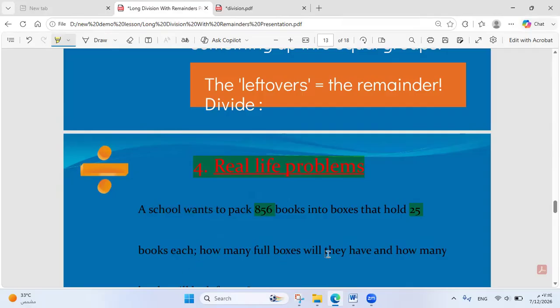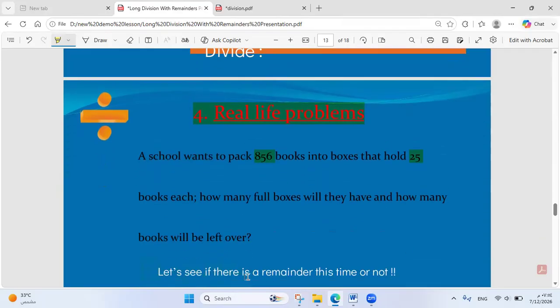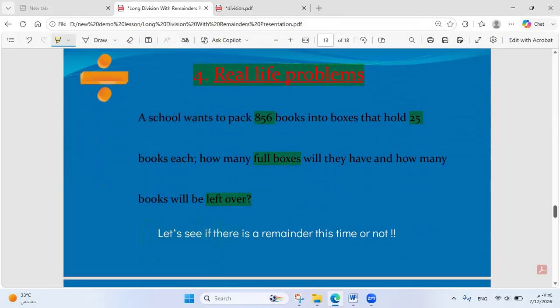How many full boxes will they have, and how many books will be left over? Okay, so we need to know two things here: the number of full boxes and also the leftover books after we divide.